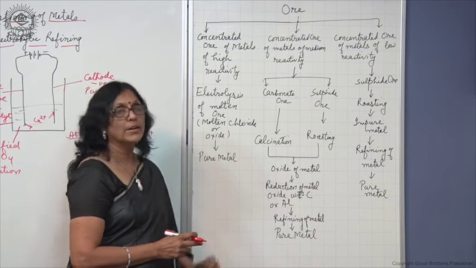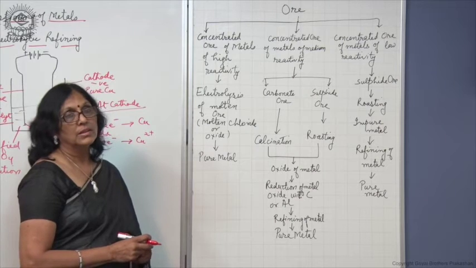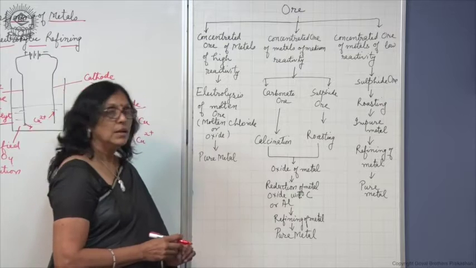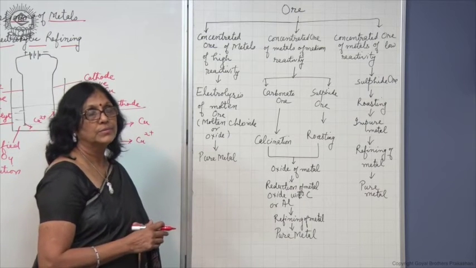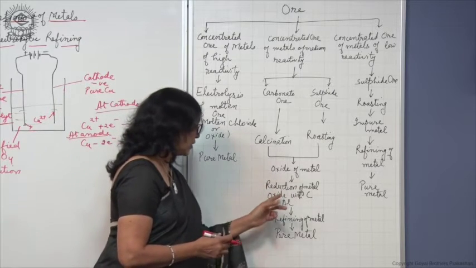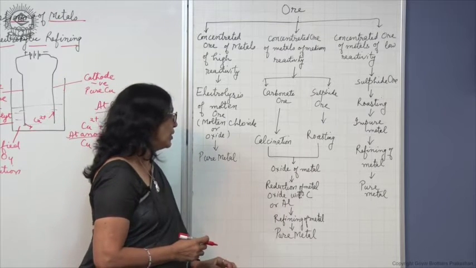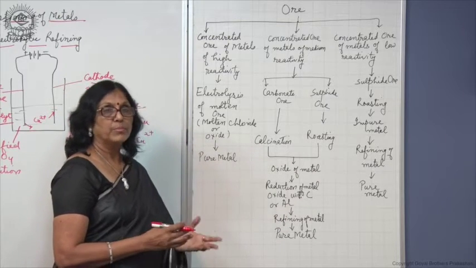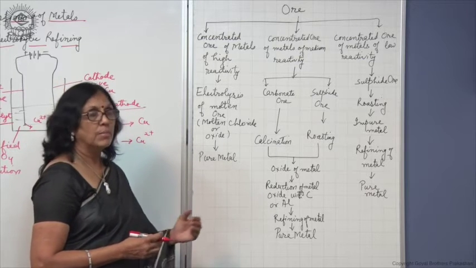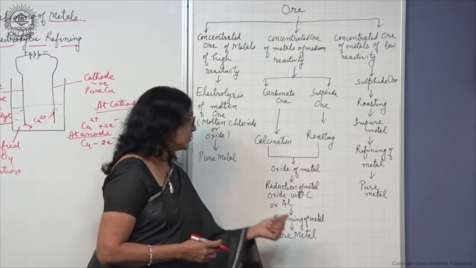And in the case of sulfide ore, roasting is done, that is heating of the sulfide ore in excess supply of air to get the oxide of metal. Now, from the oxide of metal, the metal has to be obtained by reduction. Reduction of metal oxide can be done with carbon or aluminium. The impure metal obtained is then purified by electrolytic refining. Pure metal is obtained.